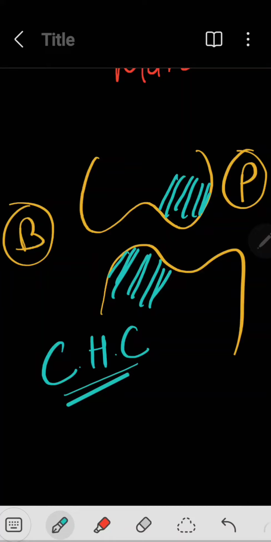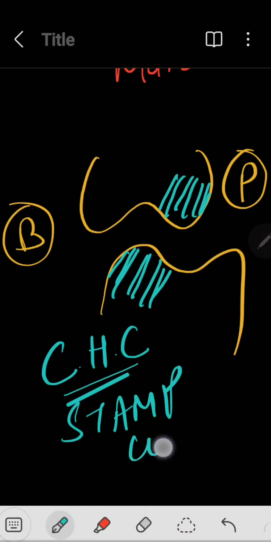They occlude into the central fossa and the marginal ridges of opposing teeth. They are also called stamp cusps.